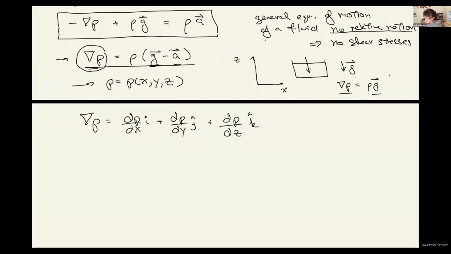And then you see the lines of constant pressure, or surfaces of constant pressure, are perpendicular to the gradient vector, okay?